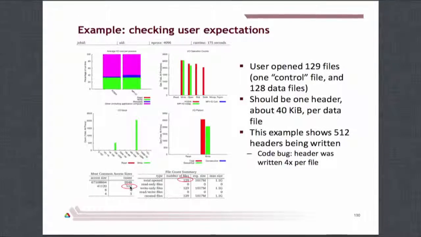So as it turns out, this was just a simple coding typo. What was happening is that every time a data file was opening, 4 processes were writing the same header. Probably this wasn't a huge performance problem, especially at the scale that this example was showing, but you're making the file system work harder by having conflicting writes go to the same point when there wasn't any reason for it. It was just a typo.